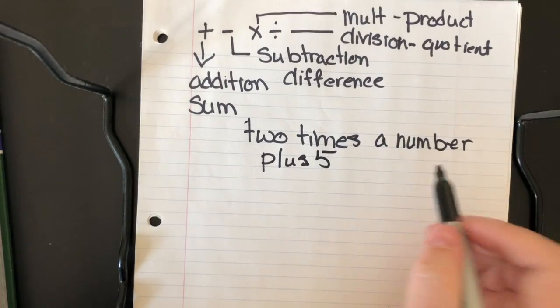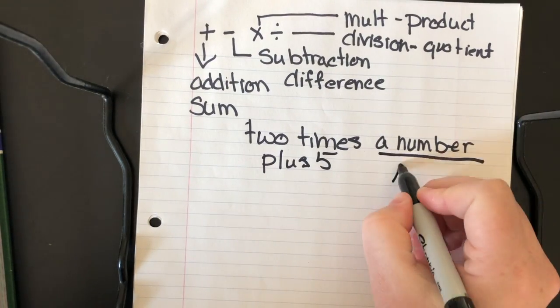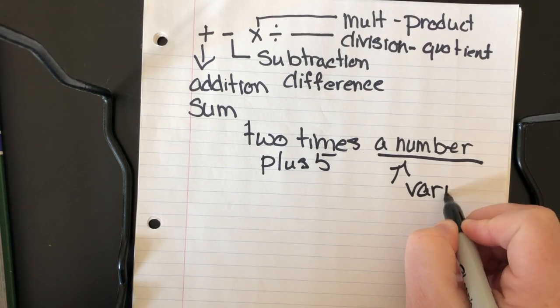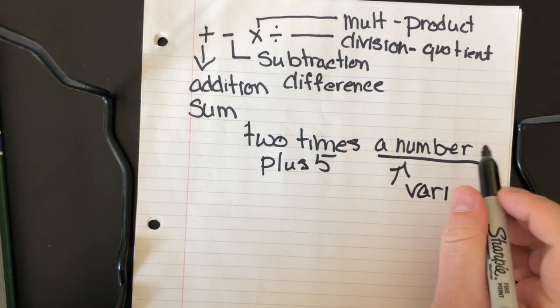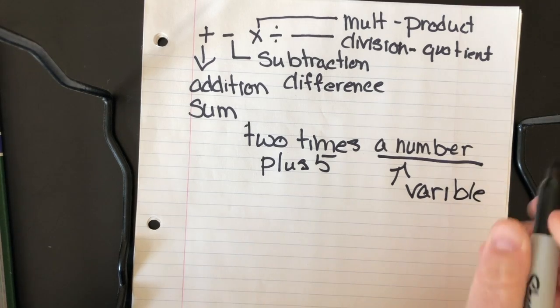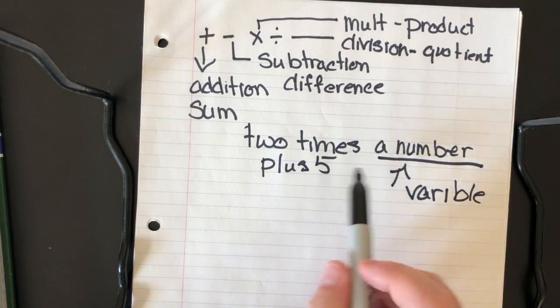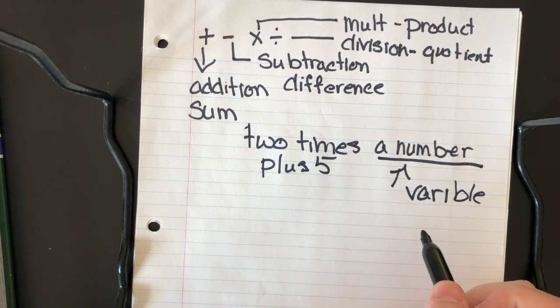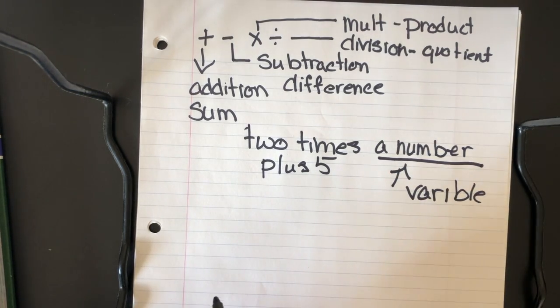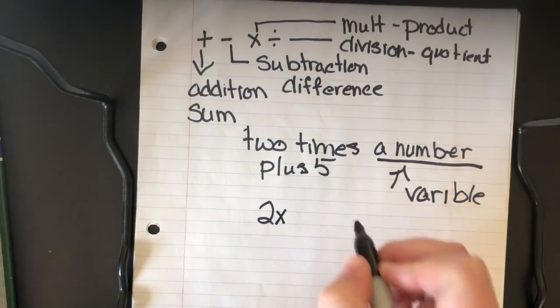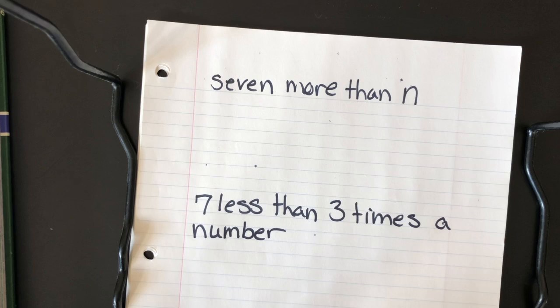A number is our unknown, which needs to be your variable. With a variable, you can use any variable. So you decide, and so this algebraic expression would be 2x plus 5.